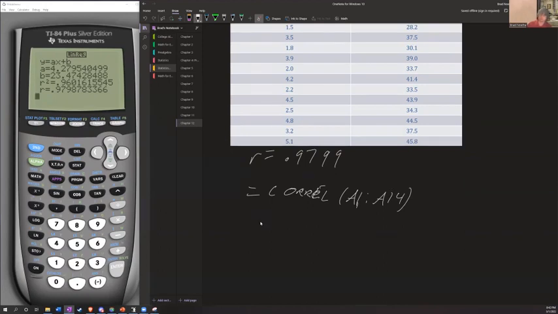Well, it went all the way to A14 in this case. And then it goes from that, and then what your other variable is. So use the correlation feature, your first variable where it's starting, colon, where it ends. That'll highlight that column. And then you do the same thing for B. Highlight it, and everything's good to go.